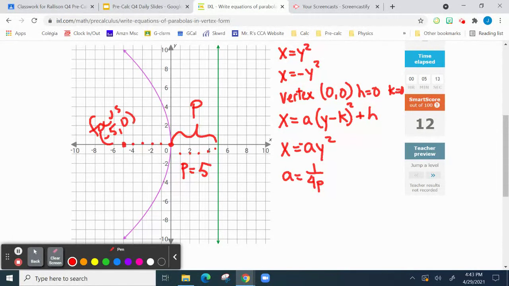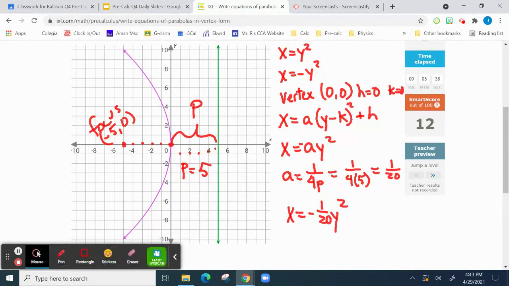So a equals 1 over 4p equals 1 over 4 times 5 equals 1 over 20. So now we'll just stick that in for our a, and we're done. x equals, and it's negative, it's going that way, negative 1 over 20 y squared.